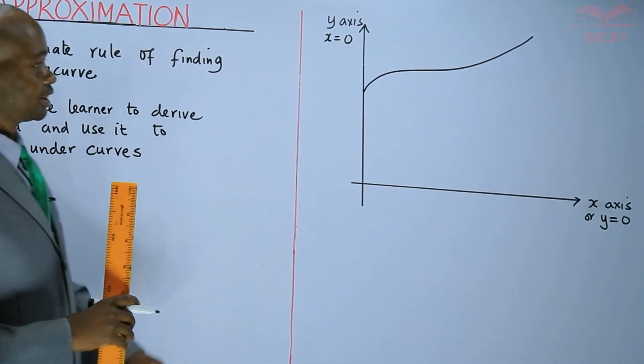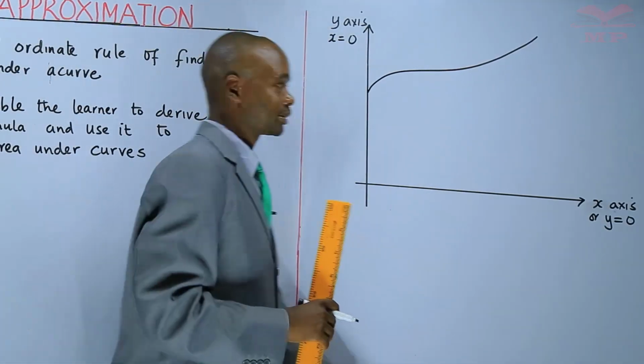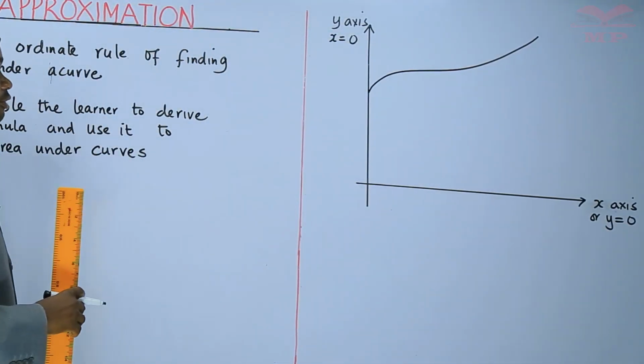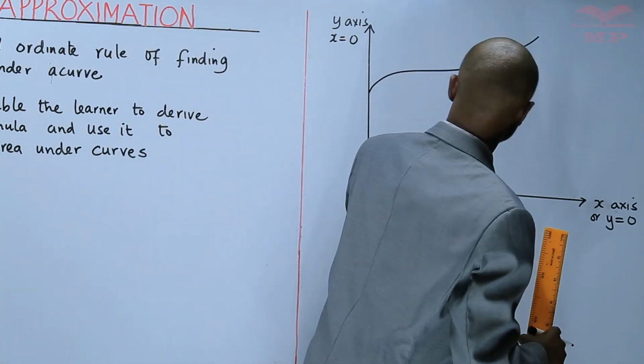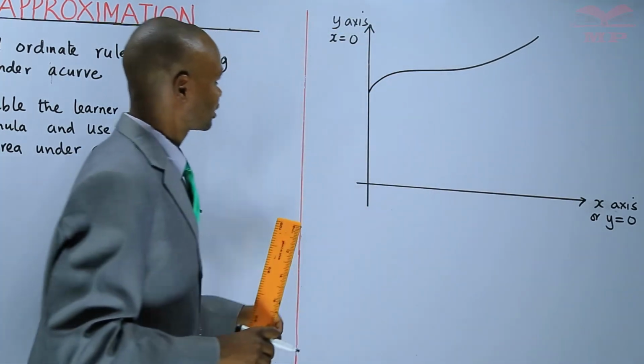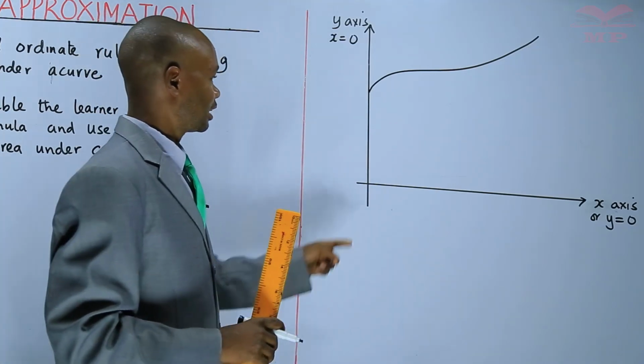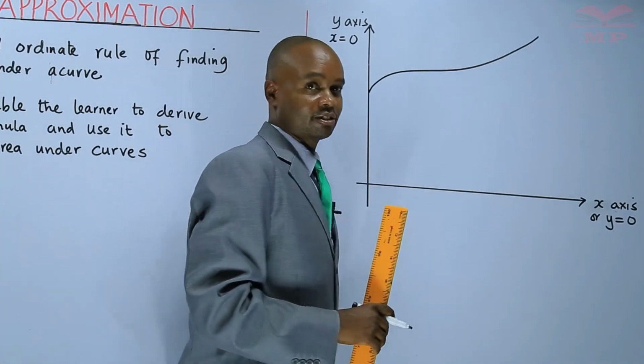So one can be interested to find, somebody might want to find this area bounded by the y-axis, or x is 0, the x-axis, and the curve.